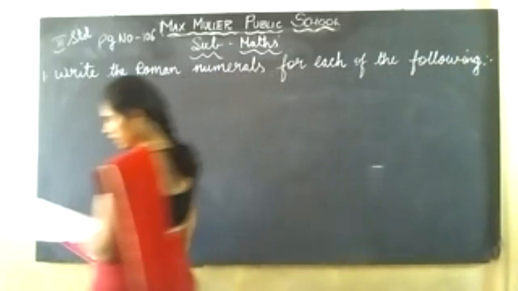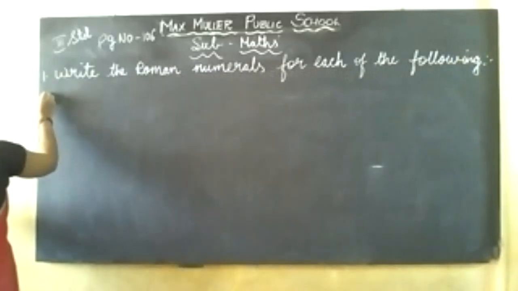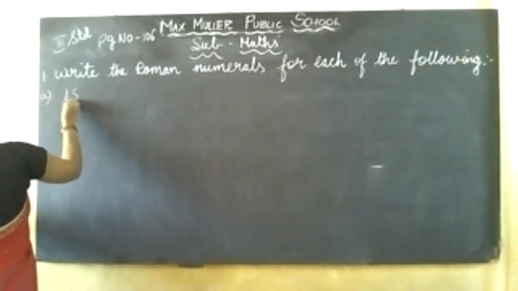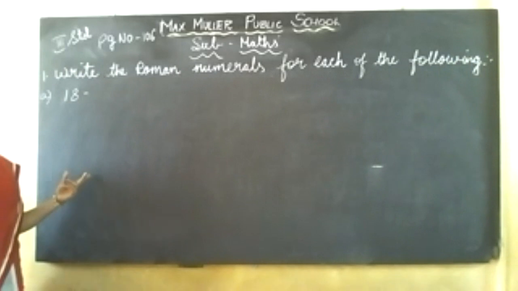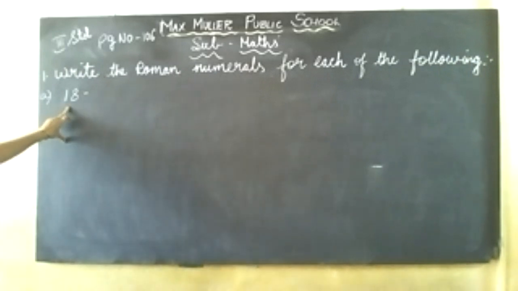They have given first one 18. So how will you write 18? Don't split. Orally you can see. If you don't know, you can see the table there. Yes or no? You can see the table and you can write down.